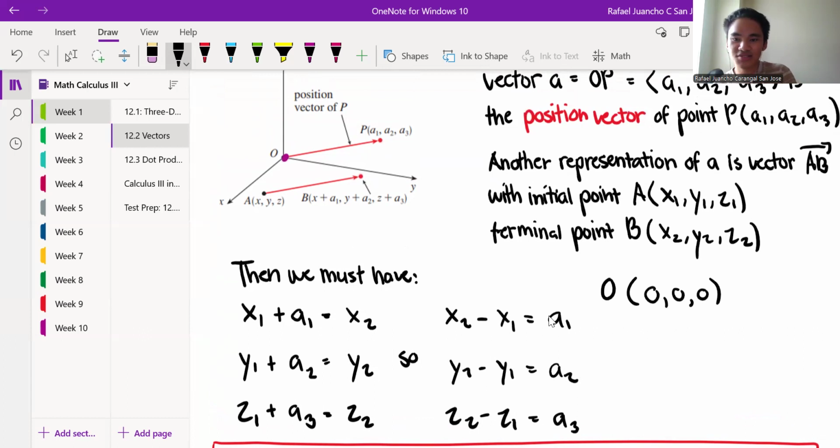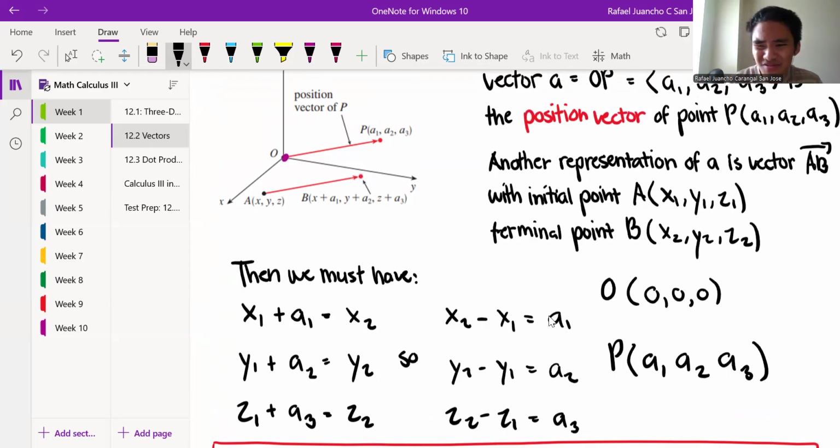Now, what's the distance from this point to P, A1, A2, A3? We could use the distance formula, but we don't need to, because we can just add A1, add A2, add A3. We don't have to do the distance formula, but we could.